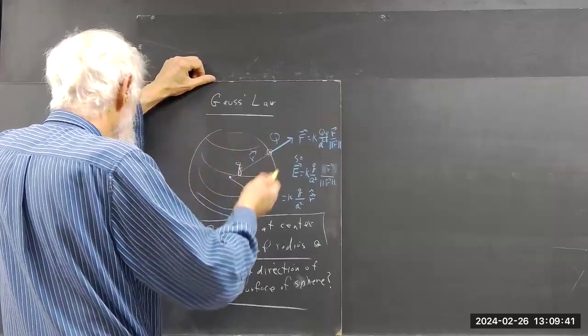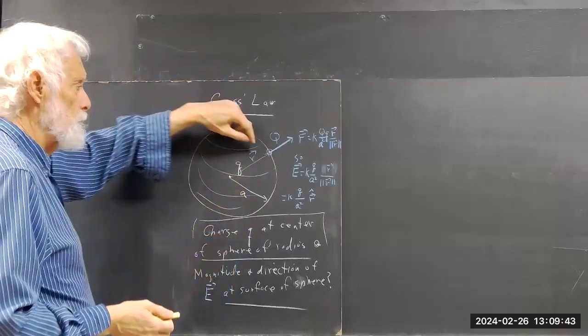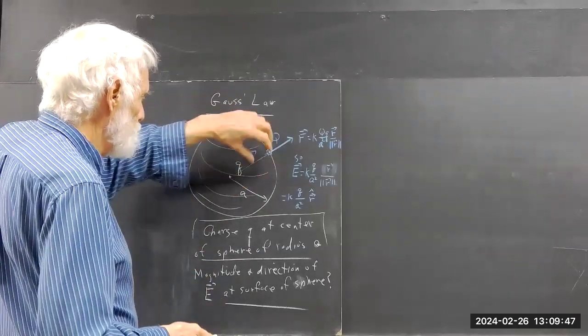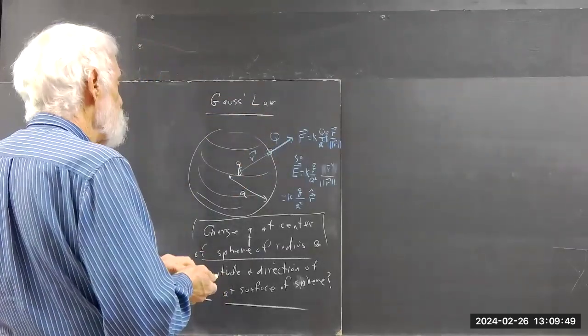And I'm just thinking notation here. So there's some small region on the surface. It doesn't look like it's on the surface because it looks like it's kind of going outside of the surface.